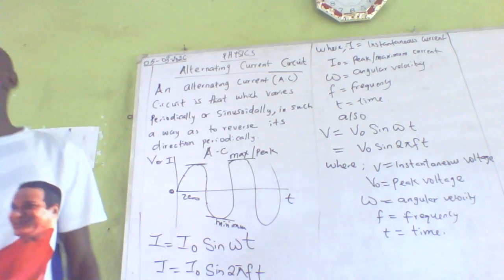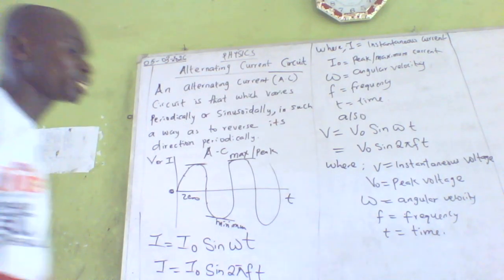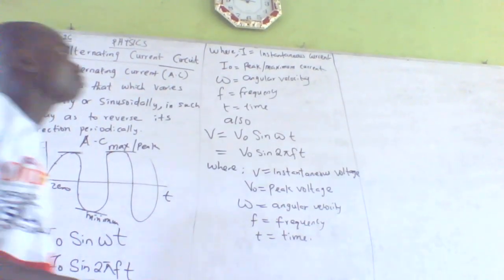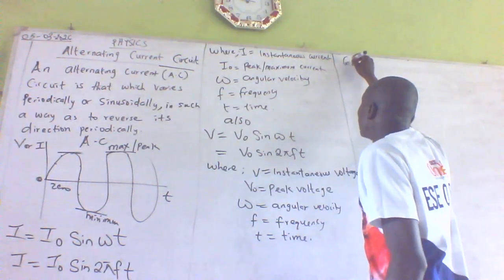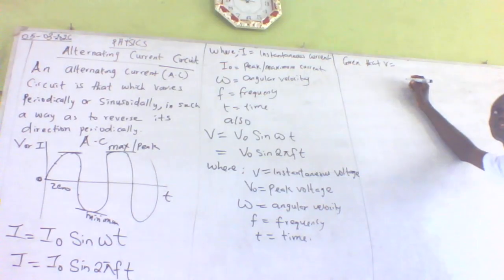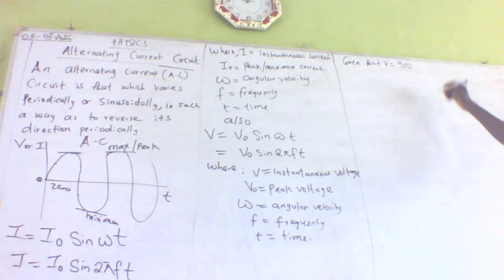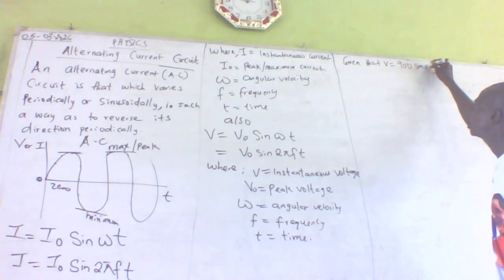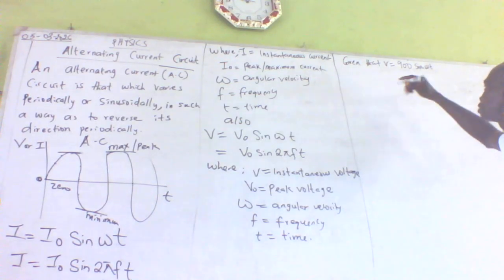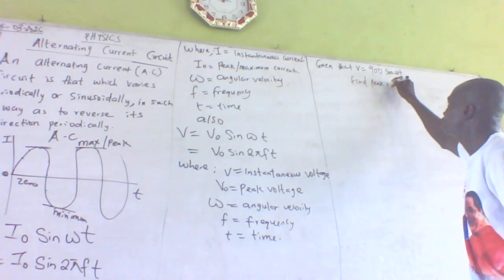Alright, so let's take an example. Given that V equals 900 sine omega t, we have to find the peak voltage.